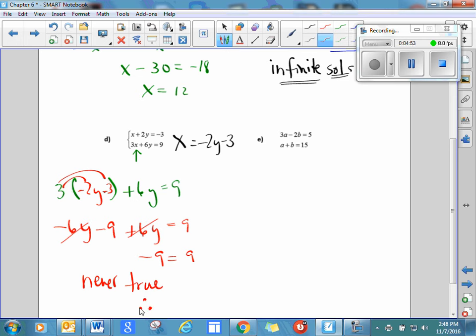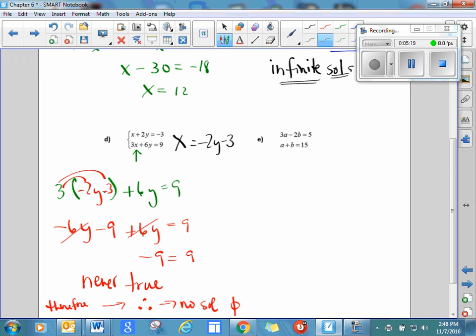This is kind of an interesting piece of trivia. When you see that in math, this means therefore. You know we have shortcuts for everything, symbols for everything. So minus 9 equals 9 is never true. Therefore, there is no solution to this system of equations, or you could write the null set.